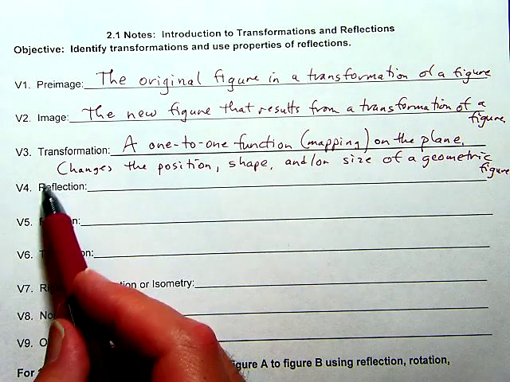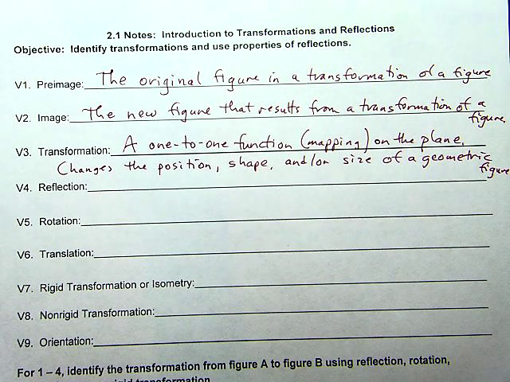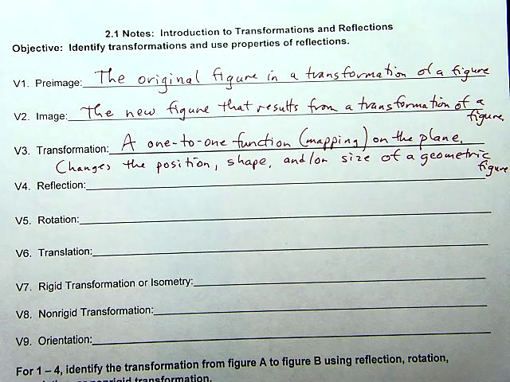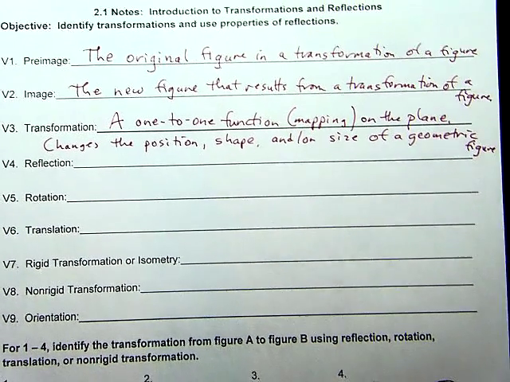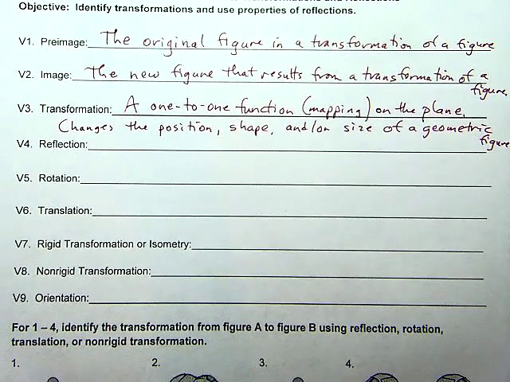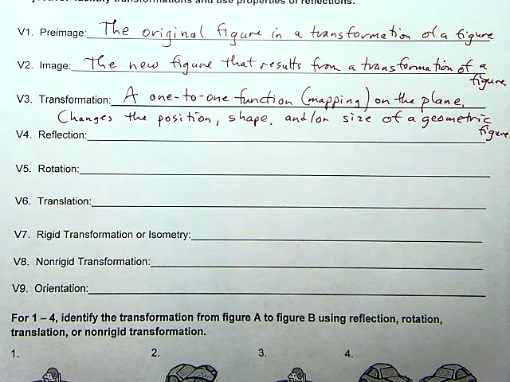We're going to come back to these three, but I want to go next to a rigid transformation or isometry because we're going to be using that definition in several others. So let's go down to V7.